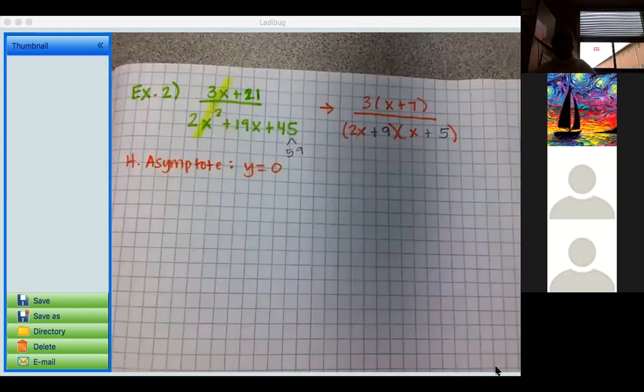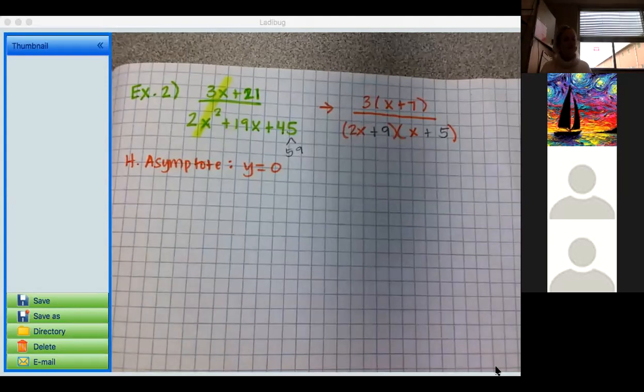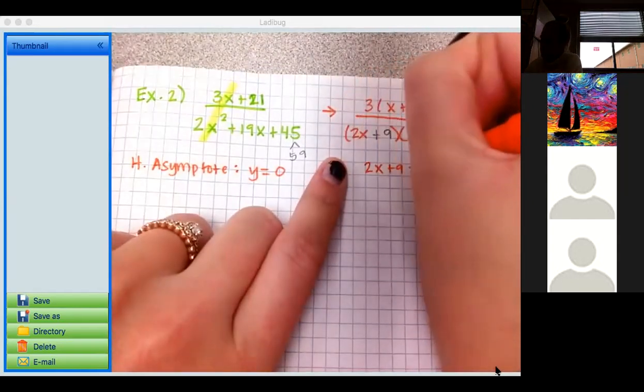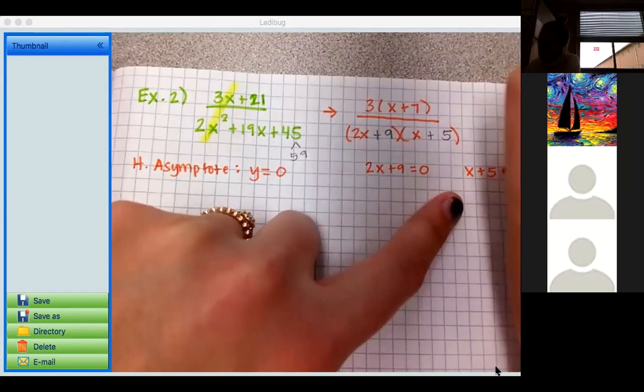If there are no holes, what's the only thing else I have to check for? Vertical asymptotes. Very good. So how do I find my vertical asymptotes? Set the factors equal to 0. Good. 2x plus 9 equals 0, and then x plus 5 equals 0.